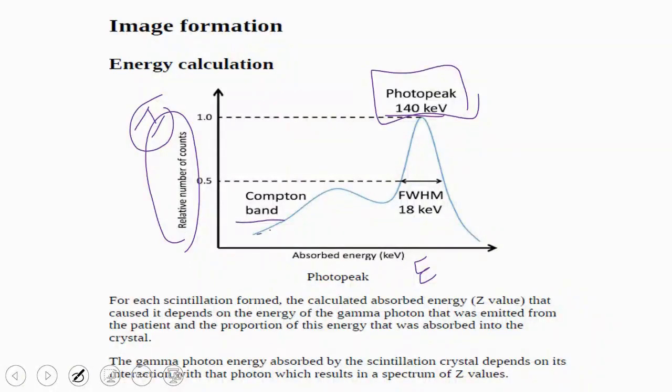This part consists of the photons that underwent Compton scattering, but their intensity is weak, meaning their number is not large, while the part with high intensity, which is around 140, is the one that underwent the photoelectric effect. So the spectrum appeared in this way, indicating that the signal you will receive is either coming from the Compton effect, or the signal coming in at 140 is the one that interacted with the crystal.